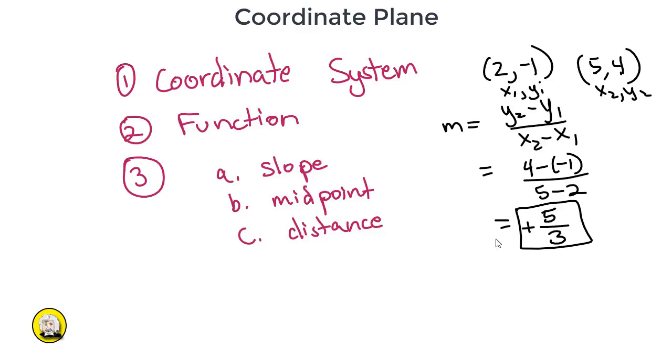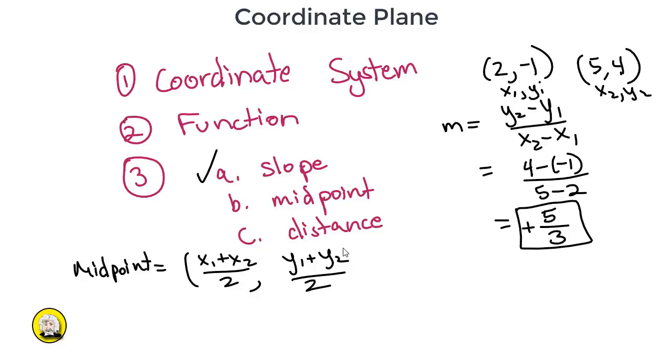So this slope should be a little steeper than y equals x that we saw before. How about the midpoint? The midpoint, we said, was the average of the x coordinates and the average of the y coordinates. So it was x1 plus x2 divided by 2, and y1 plus y2 divided by 2.